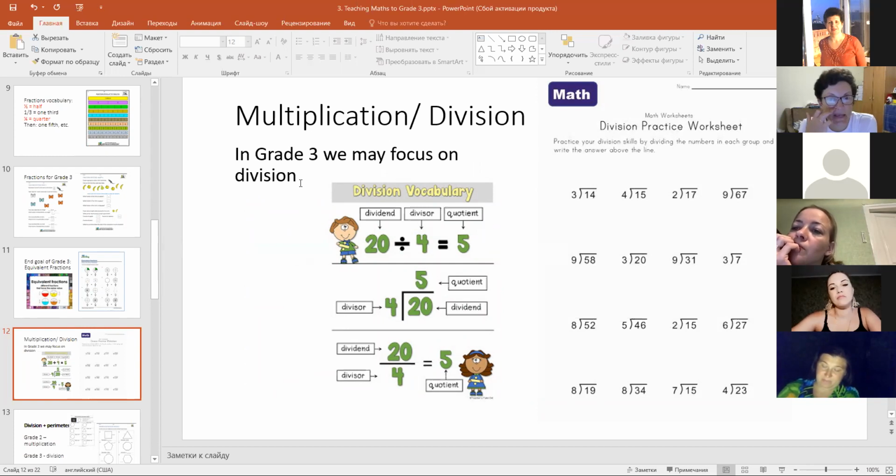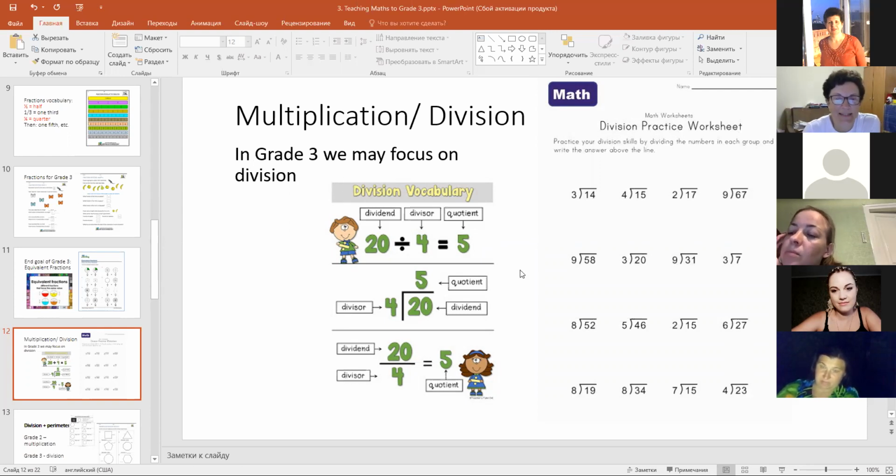So, and we can practice the vocabulary, which is about the dividend, and that's where we have dividends in the banking system. So when we get dividends from somewhere, then a divisor, divide, and we also have a quotient or a quote, like a part of something.